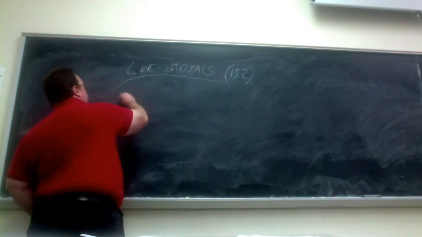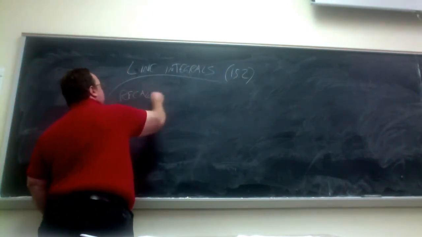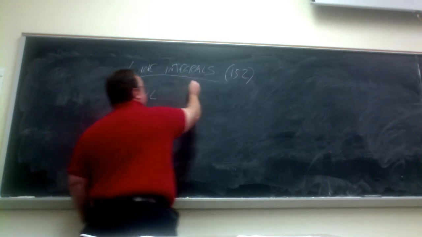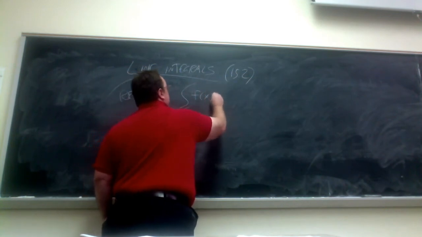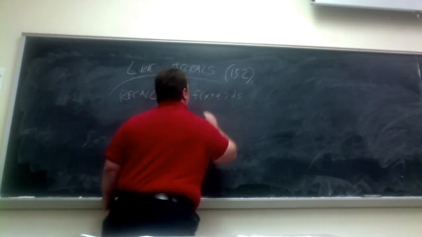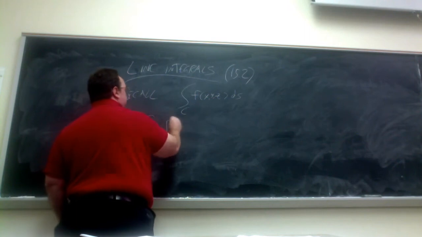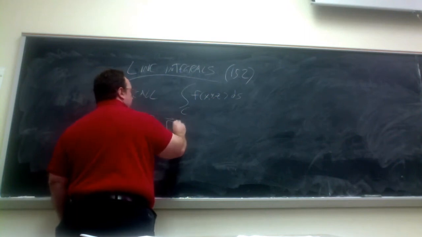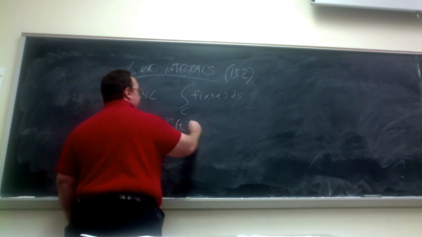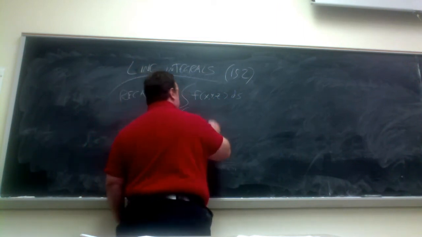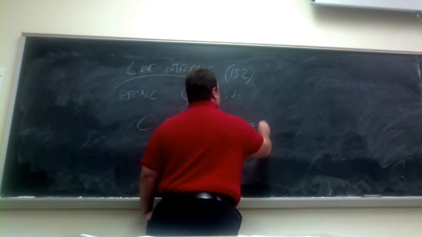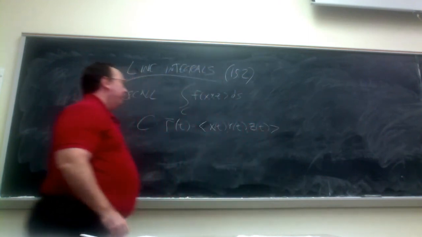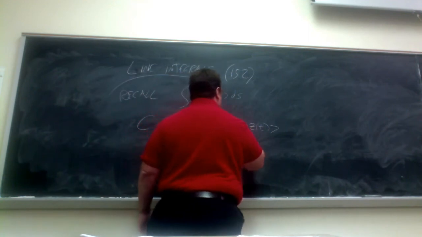So, the way to find a line integral before, of a scalar value function over a curve C, and the curve C is parameterized by some vector value function R of t, where t is between A and B.